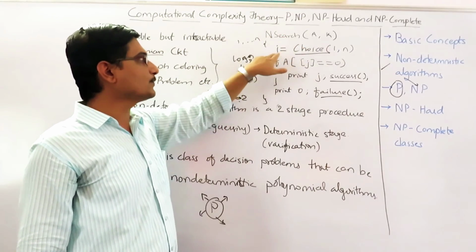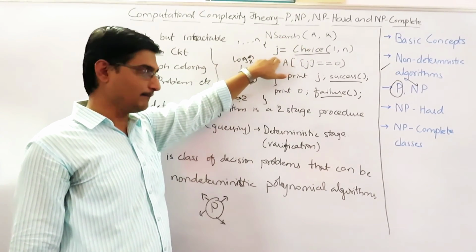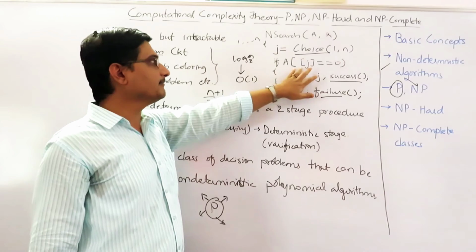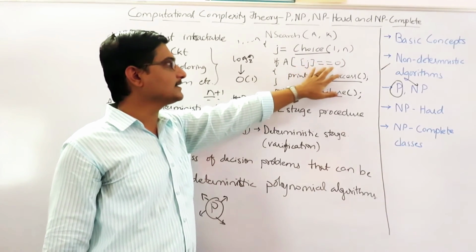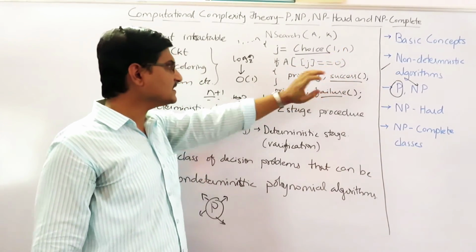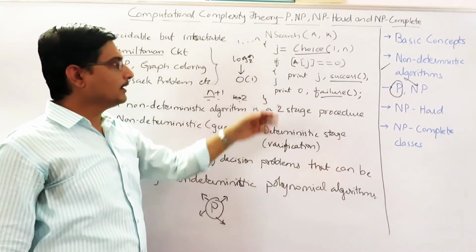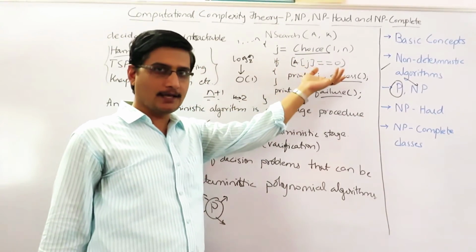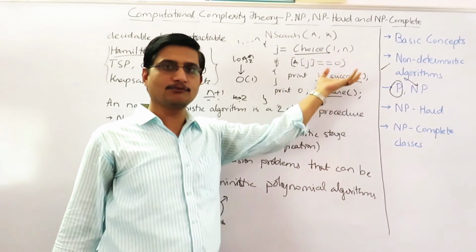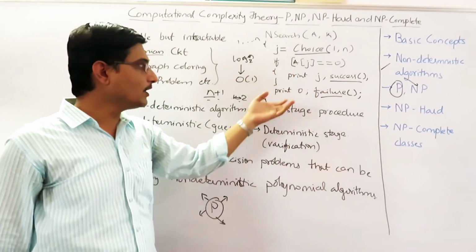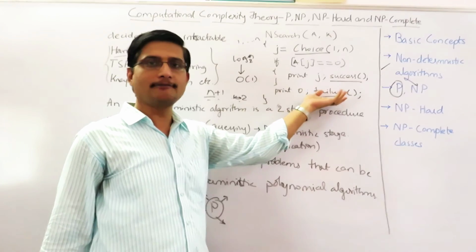Whatever it gives us, we store in the temporary variable j. If a of j is equal to the key, then we print j and we print success. We have found that key. If not, we print 0 and failure.